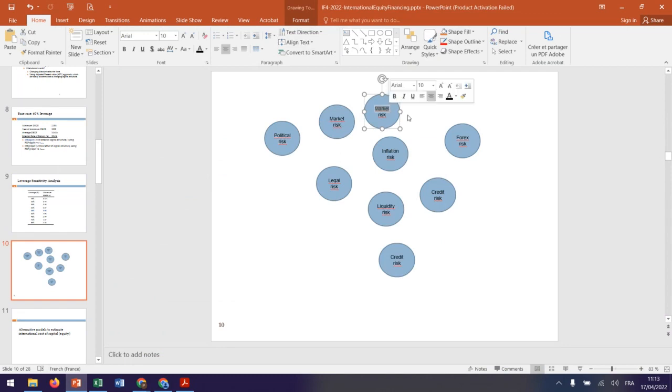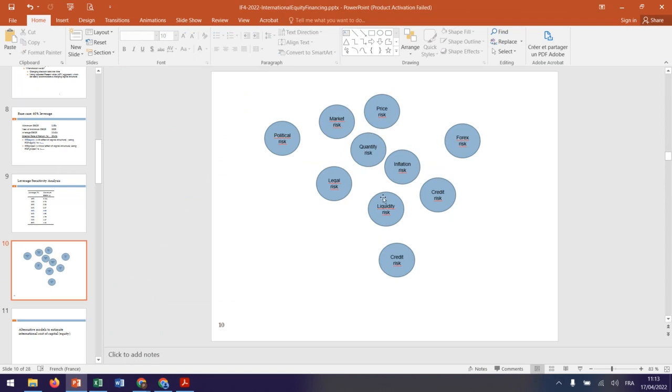There are also two components, which are related to price and also related to quantity. And since these may not necessarily be important, they may not necessarily be related to the environment, so I can also add environmental risk here.